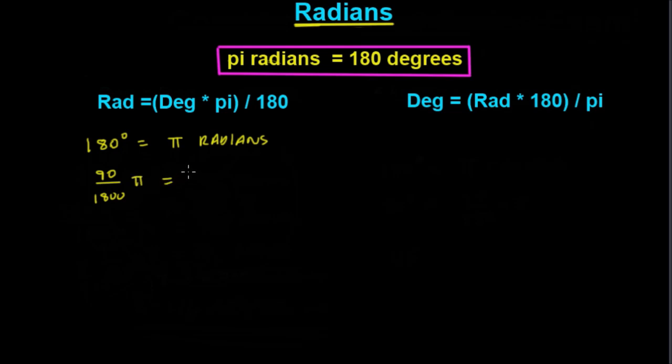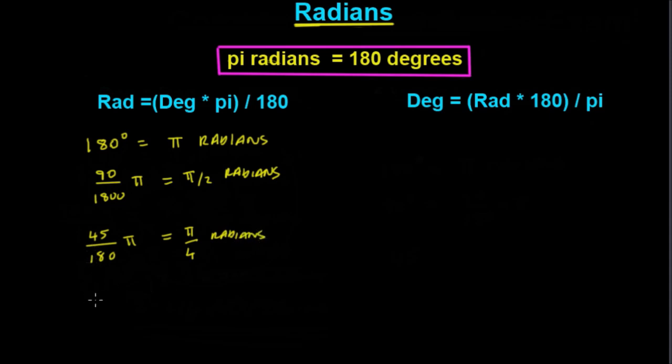So that would equal pi by 2 radians. And if we were to look at 45 degrees, then we would have 45 upon 180 times pi. So that would be pi by 4 radians.